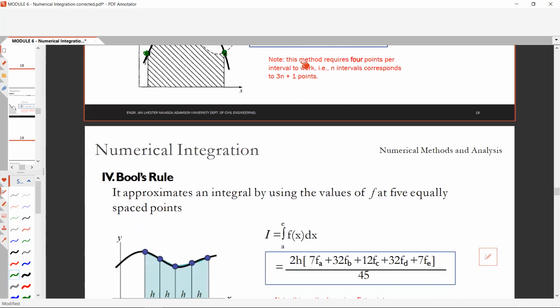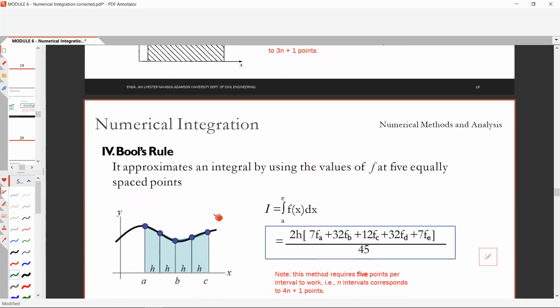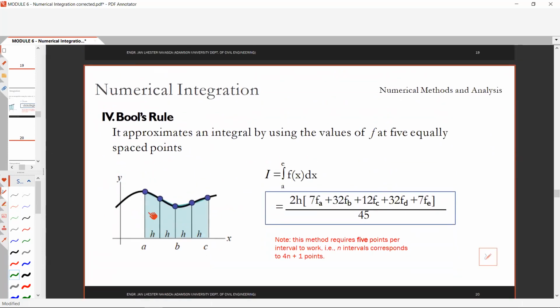So next one is the Boole's rule. In Boole's rule, it approximates an integral by using the value of f at 5 equally spaced points. The formula needs 5 equally spaced points.